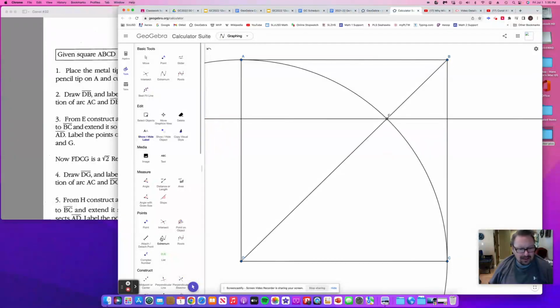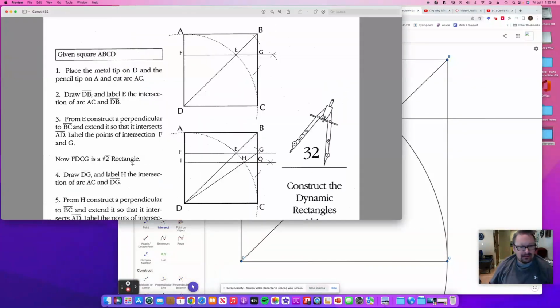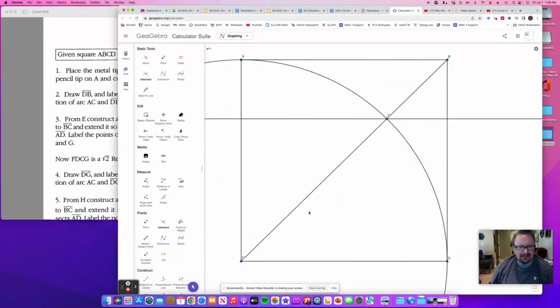And then mark the intersections. Those are F and G.